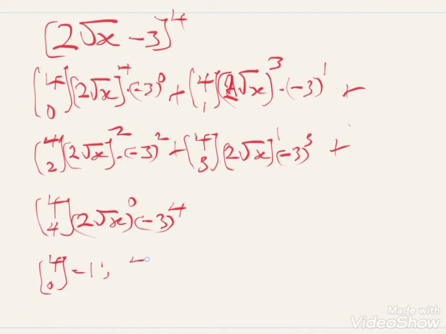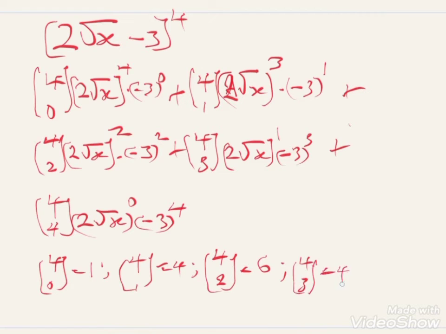The second coefficient, 4 combination 1, is equal to 4. The third coefficient, 4 combination 2, is equal to 6. The other one, 4 combination 3, equals 4. The last one, 4 combination 4, equals 1.